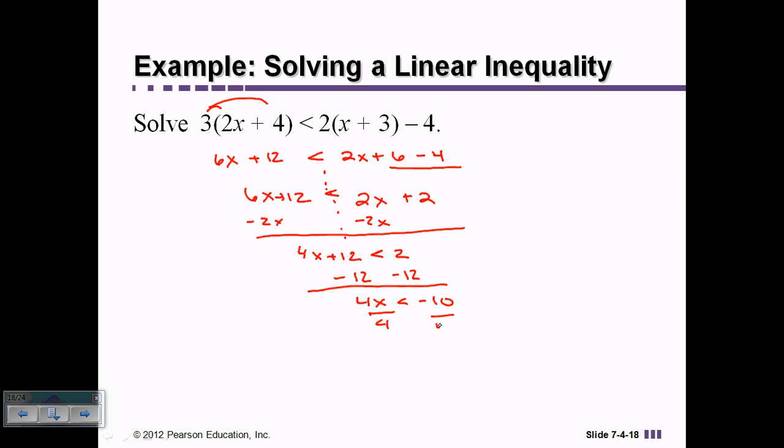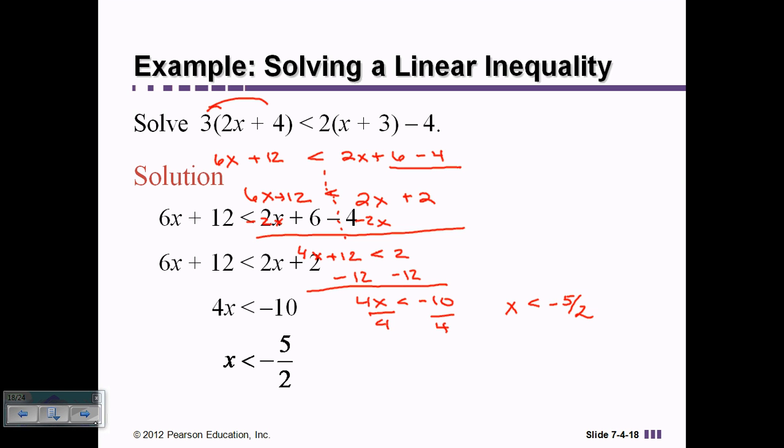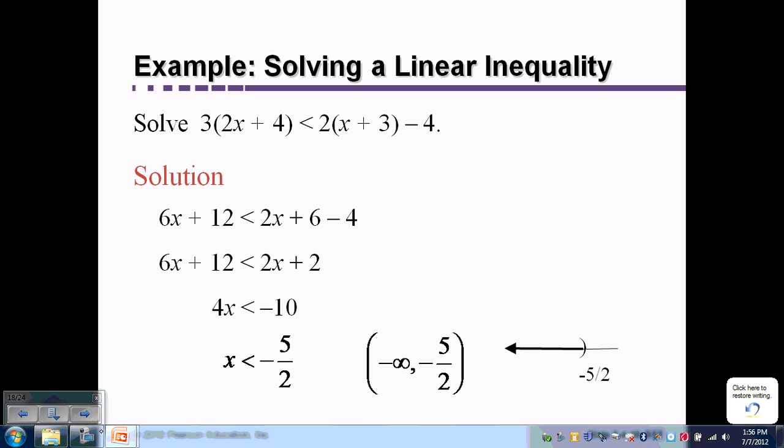And remember what we talked about a little bit earlier. The 4 is positive, so it does not change the direction of the arrow. All right, so then we're going to graph that inequality, and we're going to do our set interval notation. So there's our solution with our interval notation.